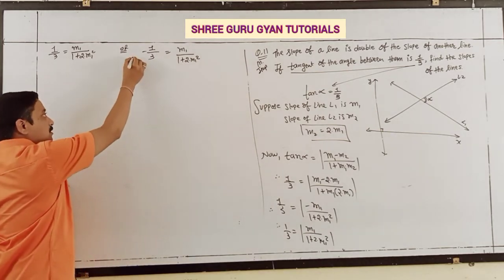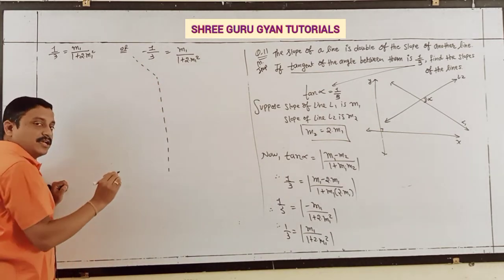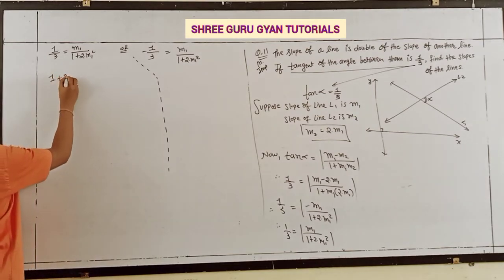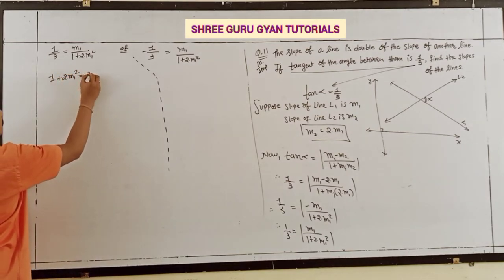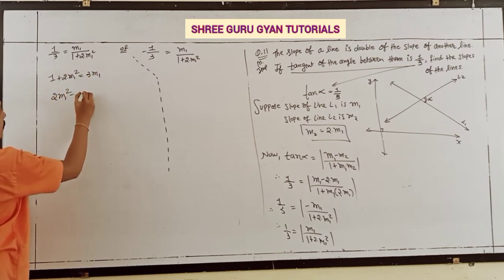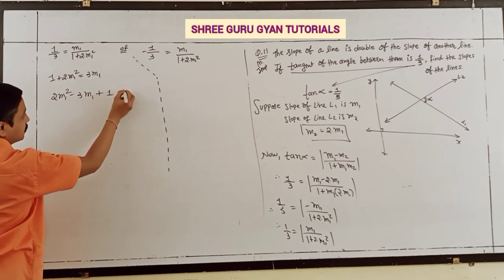Students, you will take these as two partitions, and both are individual answers. So 1 plus 2m1 square equals 3m1, so 2m1 square minus 3m1 plus 1.